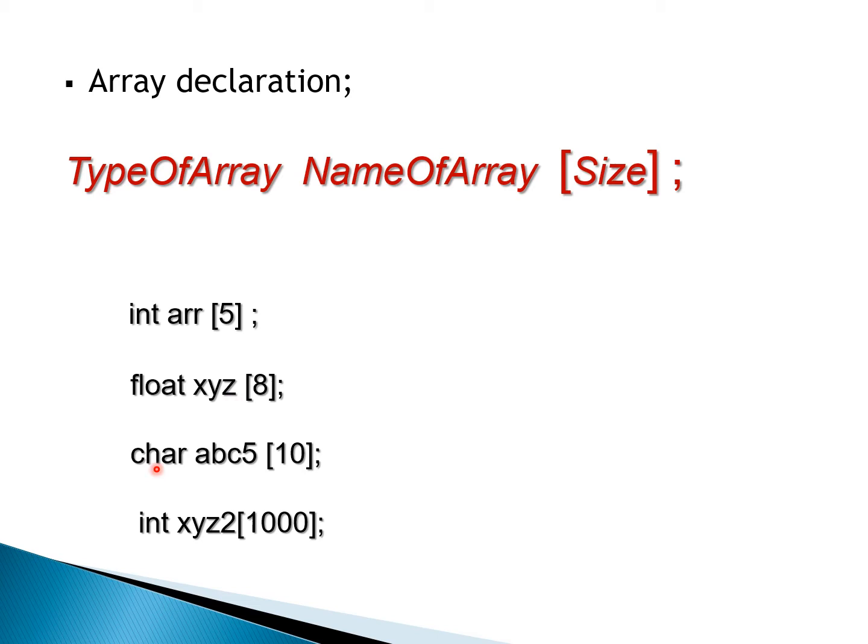Then again, type of array, name of array, and size. This means we have 10 character variables. Integer, type of array, name of array, and size, and semicolon. This means we have 1000 integer variables. That's a very simple mechanism to use multiple variables.